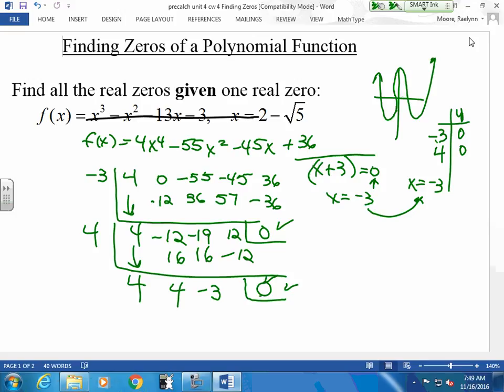I was x to the 4th. I went to x to the 3rd. If I take another x away, what am I at? x squared. So this is my 4x squared plus 4x minus 3. From there, I either do the quadratic formula or I try to factor. Actually, this is factorable.